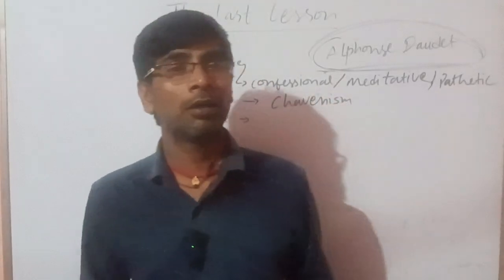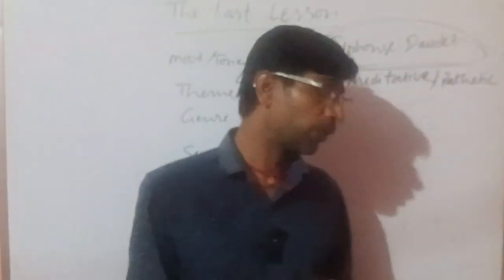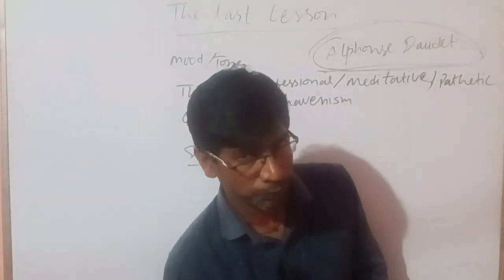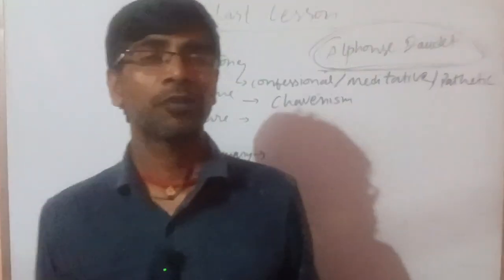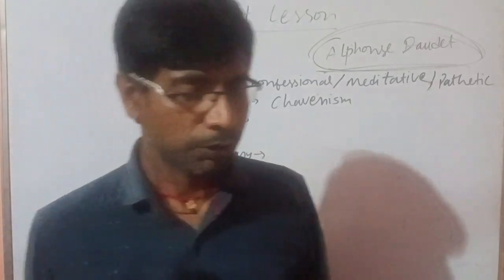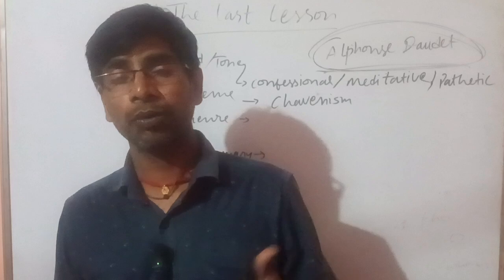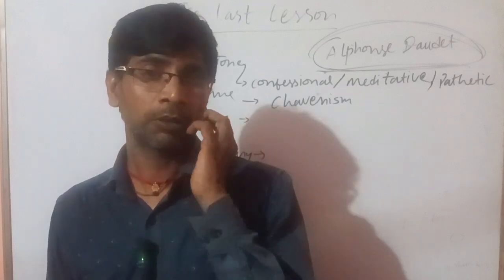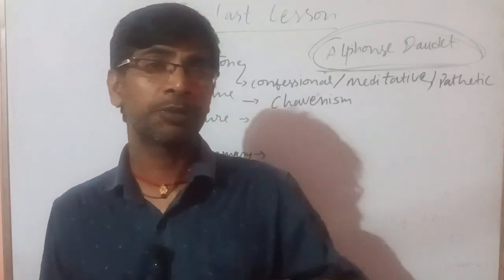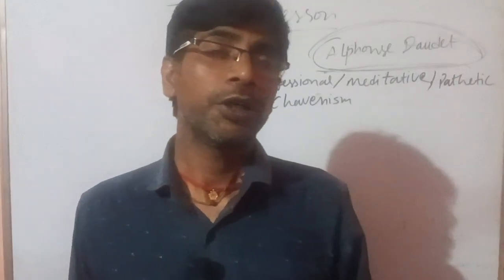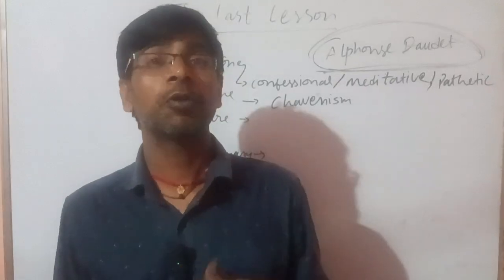Basically chauvinism or fanaticism or dogmatism is a state when a writer, a particular country, a particular individual, not only keeps his beliefs, his nation and everything as superior, but also imposes this upon others.